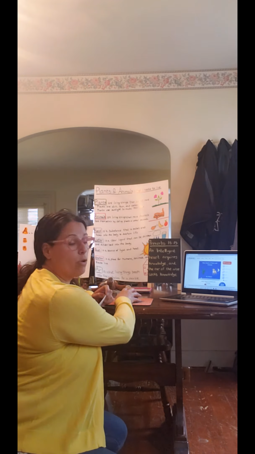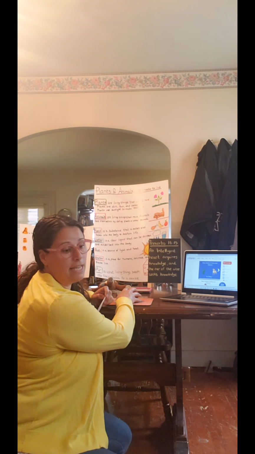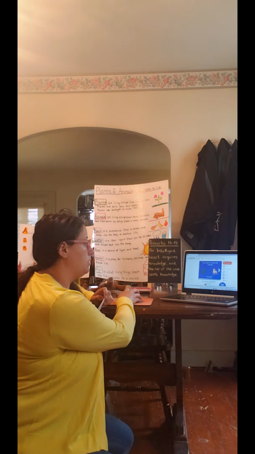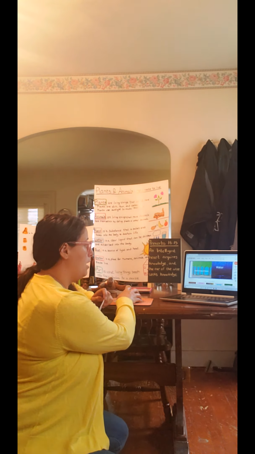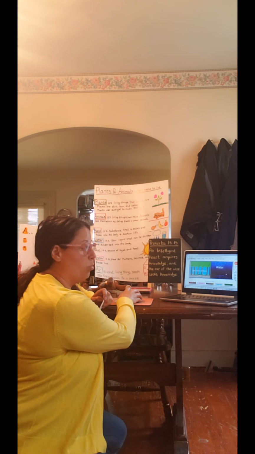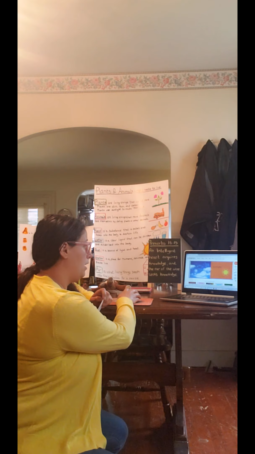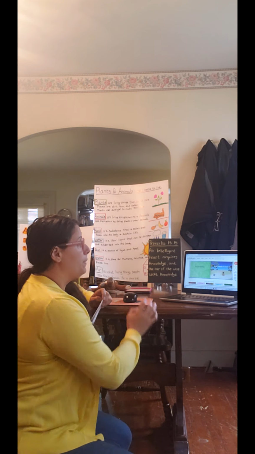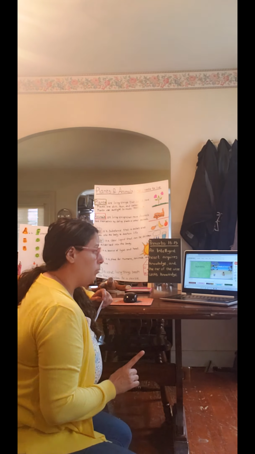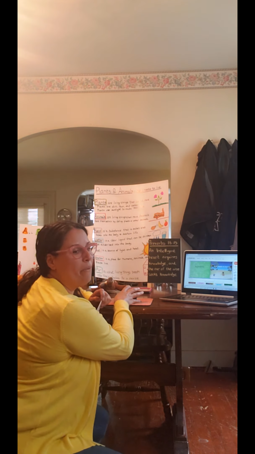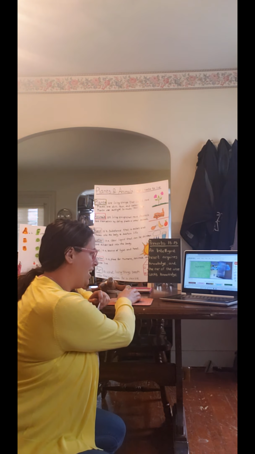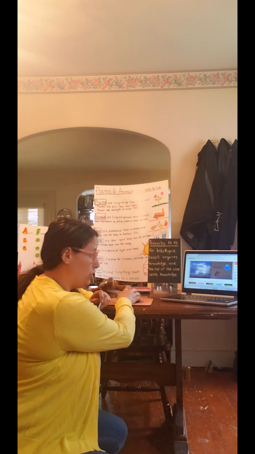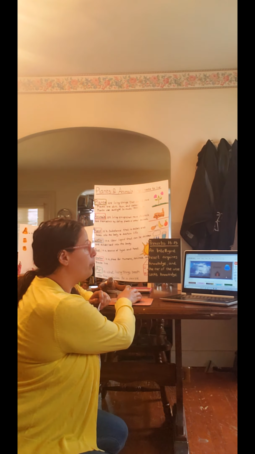So this book is called The Basic Needs of Plants and Animals by Miss Williams. The basic needs of plants are water, air, sunlight. The basic needs of animals are air, water, sunlight, shelter, and food.